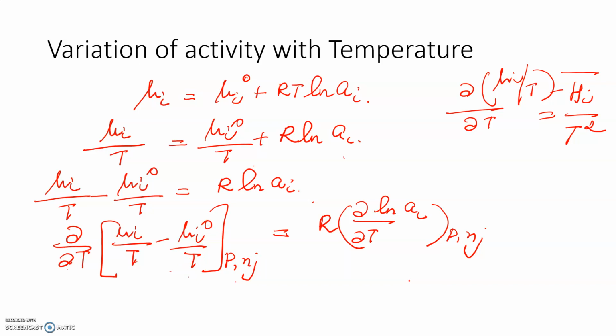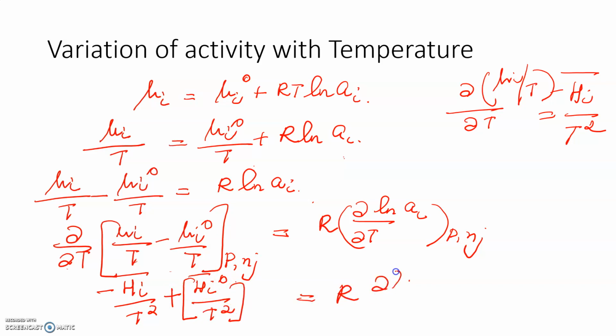So we'll use this substitution. This equation now becomes minus H̄_i/T² minus of H̄_i⁰/T², that is, this becomes plus H̄_i⁰/T², is equal to R into ∂ln a_i/∂T at constant pressure and N_j.